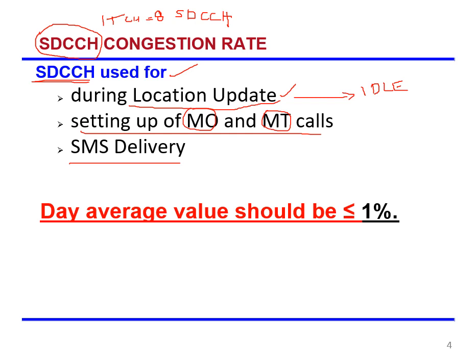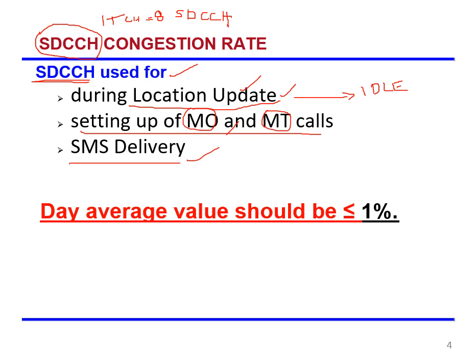And if this is congested, if the number of SDCCH assigned by the OMCR for every BTS sector, for every BTS cell, is not sufficient to carry out the location updates, the setting up of outgoing or incoming calls, or the load of SMS delivery, then there will be problems. What are the problems? Suppose SDCCH congestion is there.